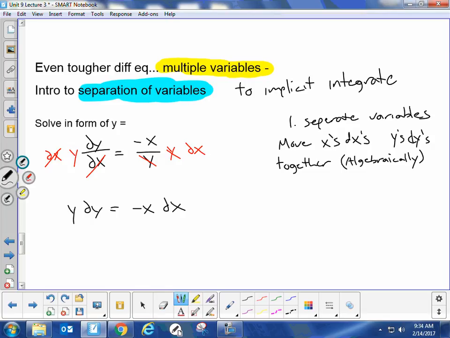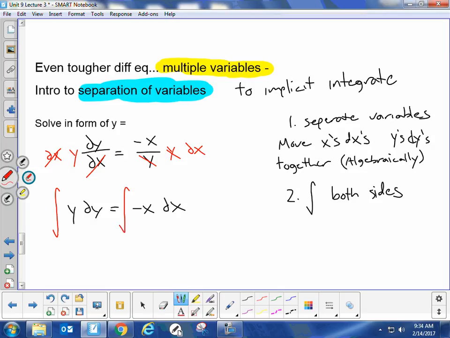Right? Well, now that I have my y's with my dy, my x's with my dx, I am ready to integrate both sides, anti-derive both sides. Okay, and I don't have to worry about anything crazy because I have the antiderivative of y with respect to y.